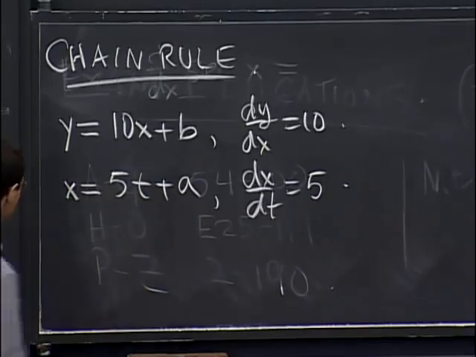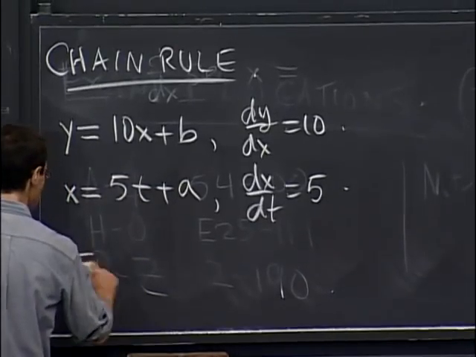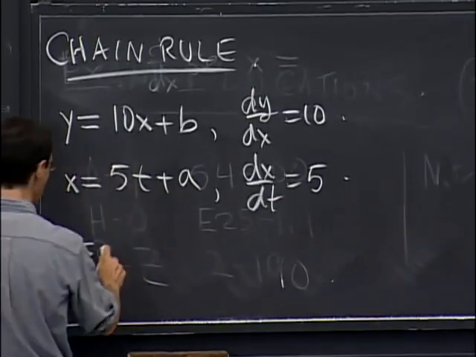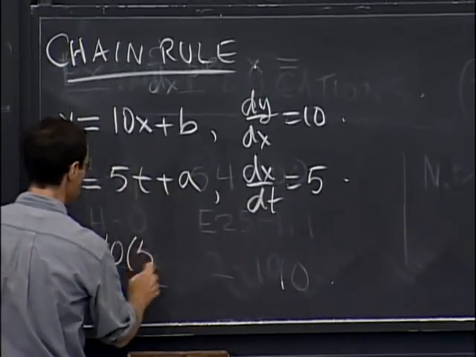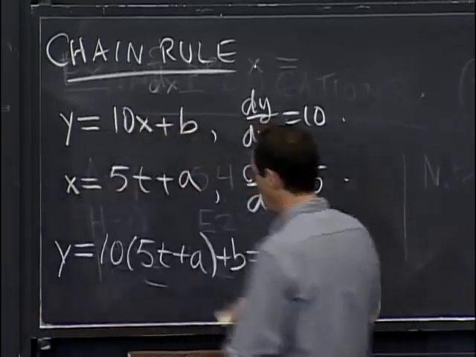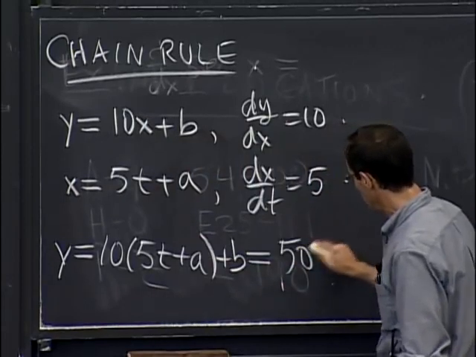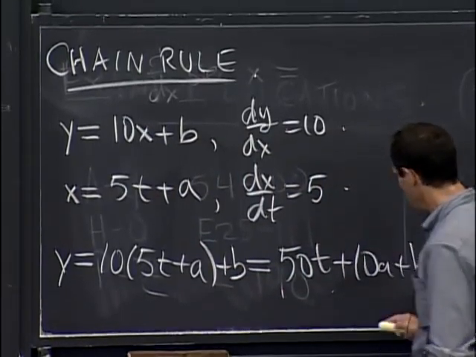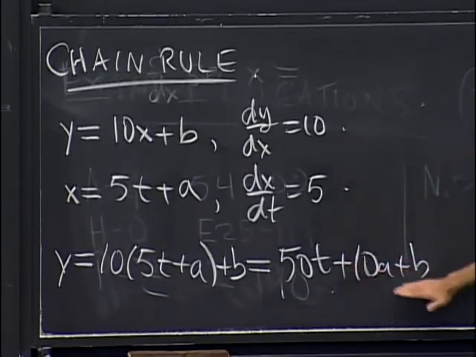And algebraically, all this means is if I plug in and substitute, which is what the composition of the two functions amounts to, 10 times (5t plus a) plus b, and I multiply it out, I get 50t plus 10a plus b. Now, the constant terms don't matter. The rate is 50.